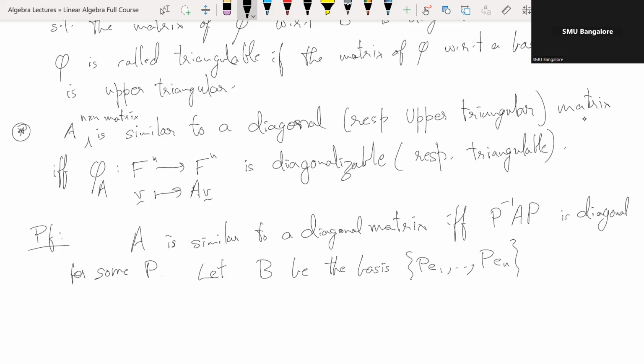Then of course this is a basis, and the matrix of phi with respect to this basis is precisely P inverse AP. So this is something which you can check.